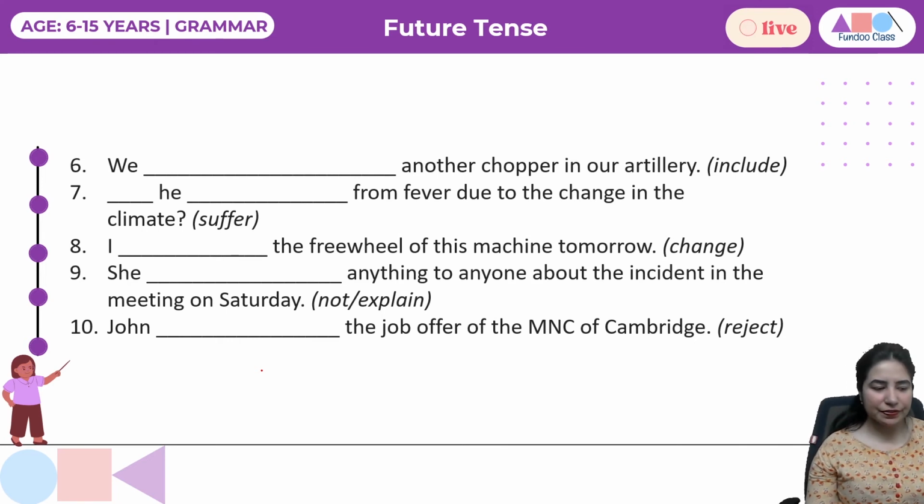Quickly finish this. We see some answers coming for 6th, 7th and 8th. Let's do 9th and 10th also, and then we will discuss.